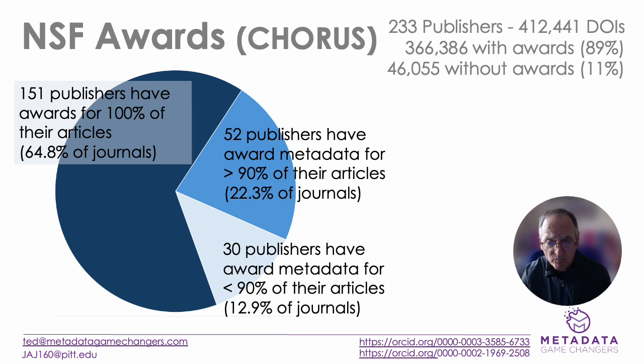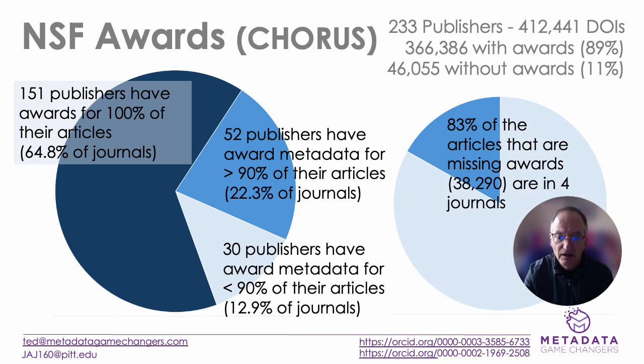It's important that getting this funder metadata into the metadata for these articles, as I mentioned before, really is a partnership between researchers and journal publishers and journal submission systems. So it's important for researchers to make sure that this happens correctly.